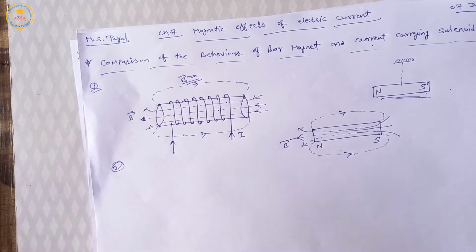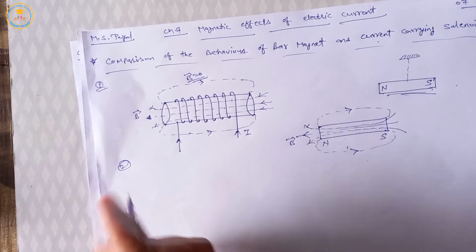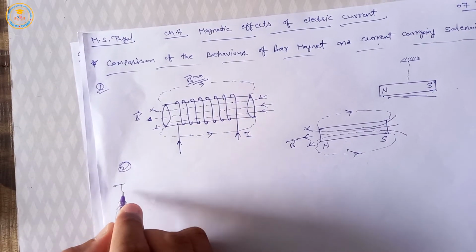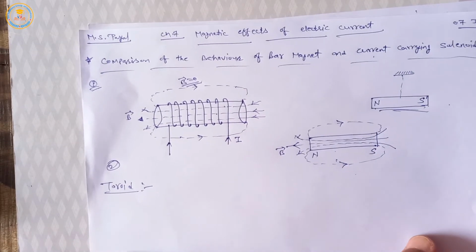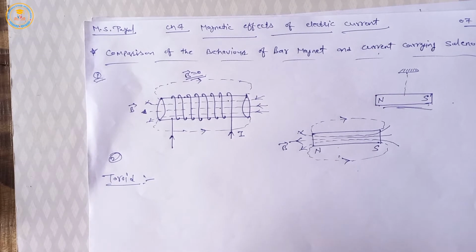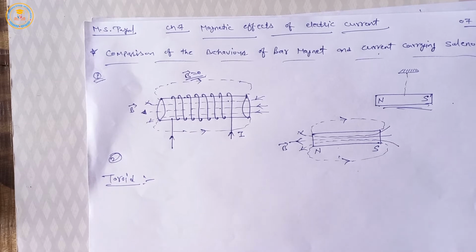Now our next topic is toroid. What is a toroid? A toroid is similar to a solenoid, but this is a long solenoid which is bent and its both ends are joined together.